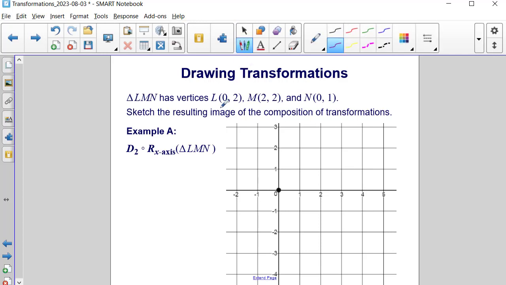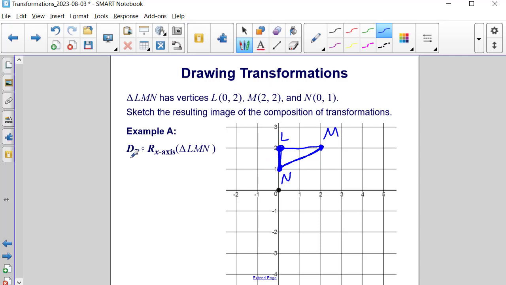So let's first start by drawing our triangle LMN. L is up here at this point, M is to the right 2 and up 2, and N is at (0, 1). Okay, so here's our triangle LMN, our pre-image that we're starting with.